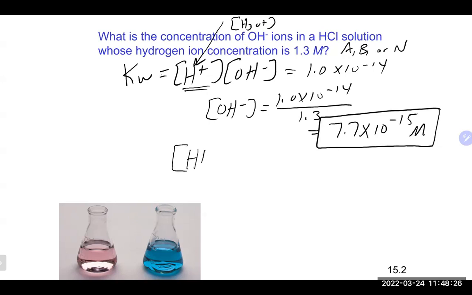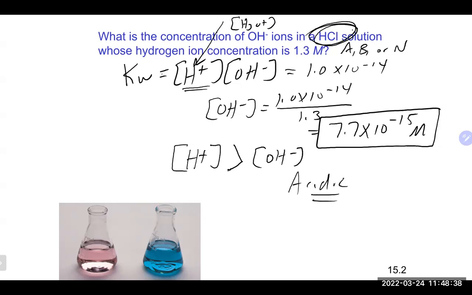The H plus concentration is much larger, at 1.3, than this number here, which means it is acidic. Plus, it's a hydrochloric acid solution, so I would hope it would be acidic. So, any questions on that? Don't overlook those easy little things; they're in the problem. Any questions on the calculation or anything?